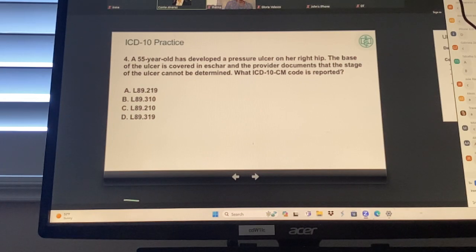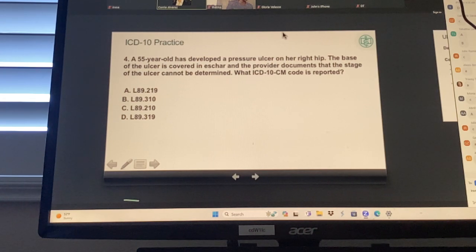So in this case, we've got a couple of answers already, so let's review. Let's see what we've got. All right, good. So the patient has a pressure ulcer. Pressure ulcers are decubitus ulcers, bed sores, and eschar is the scar tissue, almost like the covering that happens from a burn.